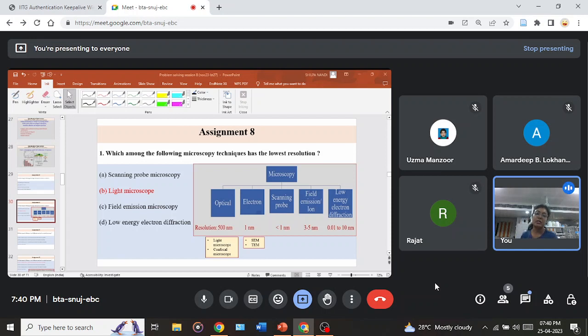Anyway, any kind of question can come. Various microscopy techniques like optical, electron, scanning probe, field emission or ion, and low energy electron diffraction have various resolutions. As we move forward, optical microscopy has the lowest resolution, that is 500 nanometers, whereas in the case of low energy electron diffraction, the highest resolution can be seen. Optical microscopy again involves the light microscope and confocal microscopy.